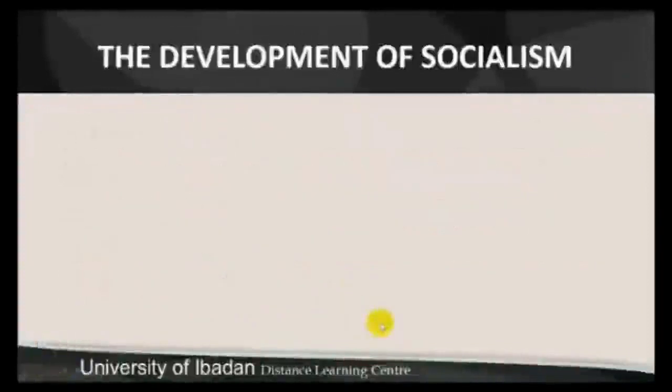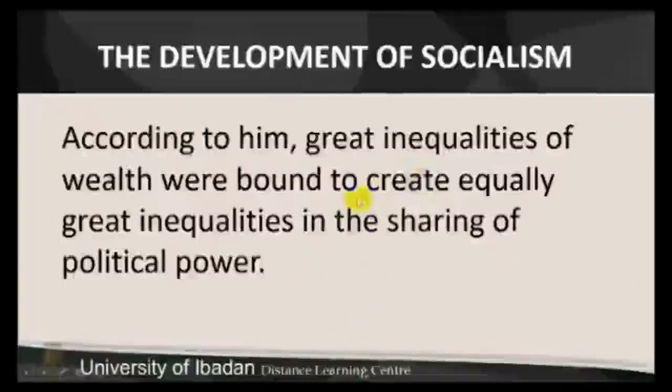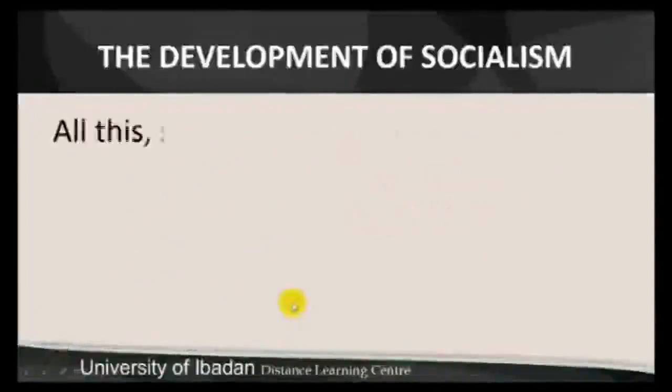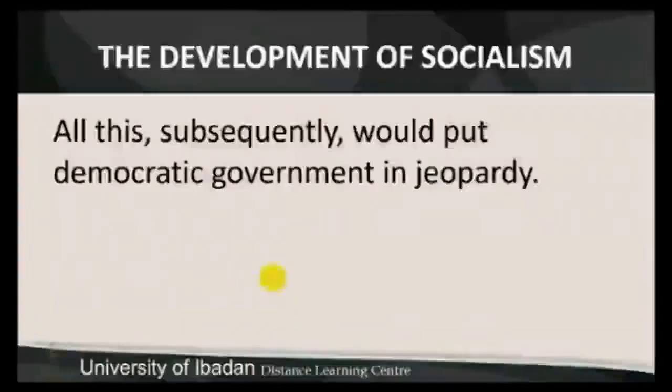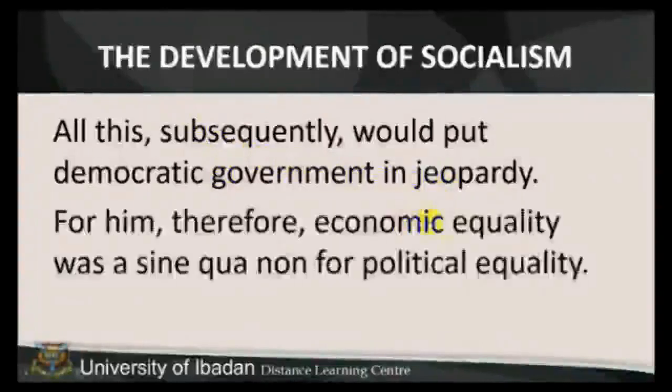According to him, great inequalities of wealth were bound to create equally great inequalities in the sharing of political power. All this subsequently will put democratic government in jeopardy. For him, therefore, economic equality was a sine qua non for political equality.